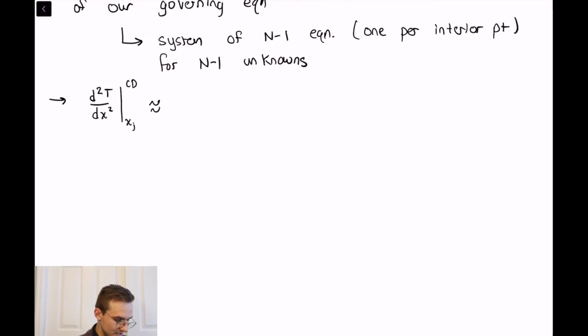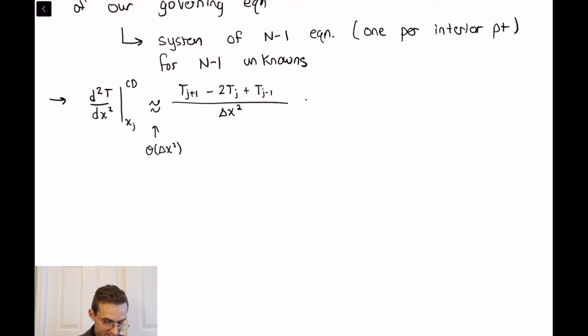And that thing we're going to say is approximately equal to, and you've seen this formula before when we first talked about finite difference approximations, the only finite difference approximation that we discussed for second derivatives, T_{j+1} minus 2 times T_j plus T_{j-1}, divided by delta x squared, okay? The whole thing, delta x squared. And that approximation is second order, so this squiggly line is taking into account the fact that you're going to have order delta x squared error, okay?